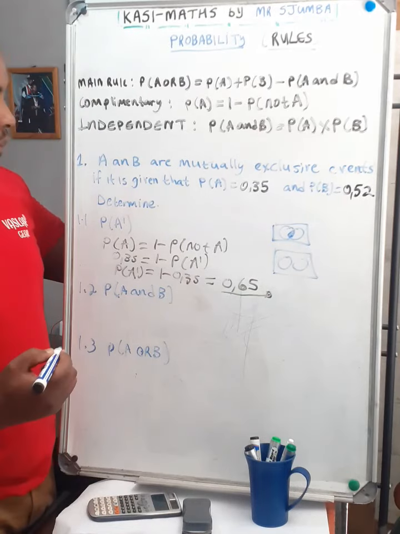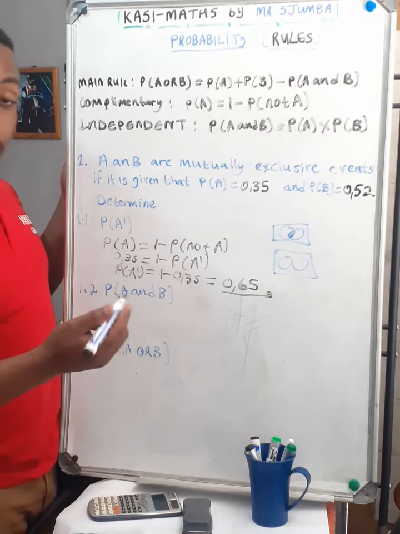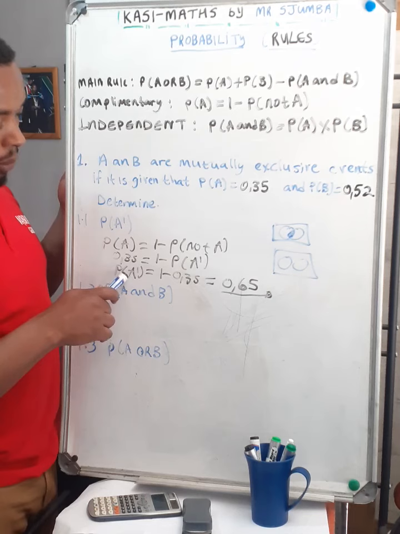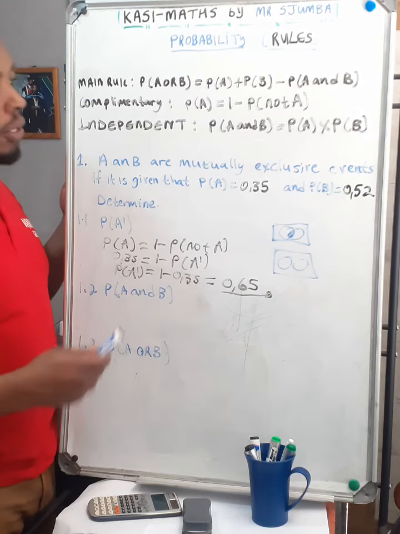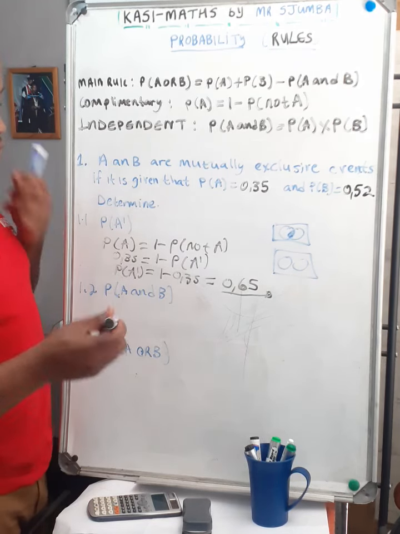This is our answer, right? You could have written from the beginning that the probability of not A is equal to 1 minus the probability of A, right? Sure.